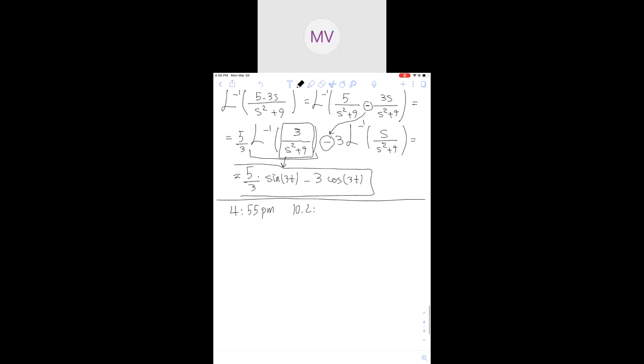Let me start with a simple example. Go to the first question on 10.2 where you have to solve a differential equation. Let's go ahead and solve number 2. So number 2 says solve this differential equation using Laplace transformation.